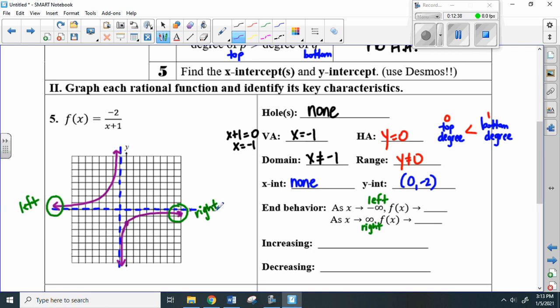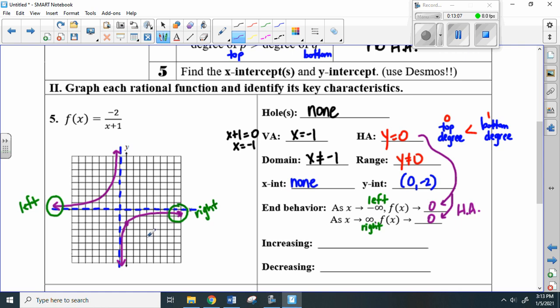And we're looking for a y value, so it makes sense that it matches the horizontal asymptote of y equals 0. So the horizontal asymptote is always going to tell you the end behavior.